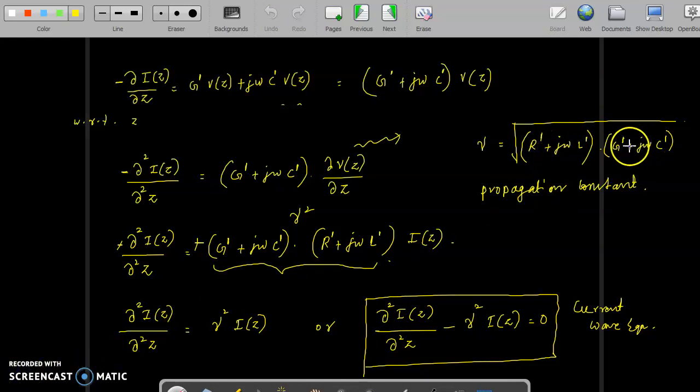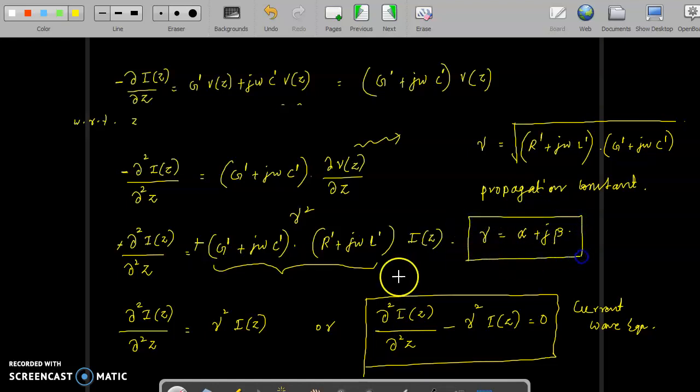If we simplify this expression by multiplying the real and complex terms, we can bring it into the form gamma equals alpha plus j beta. We discussed this in our earlier lecture, where alpha is the attenuation constant and beta is the phase shift constant.